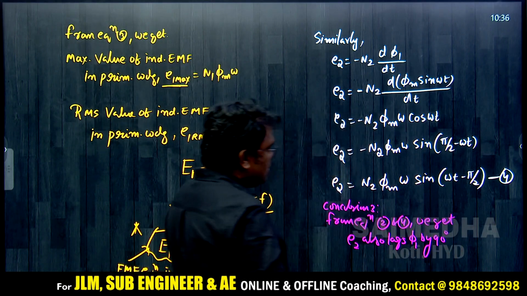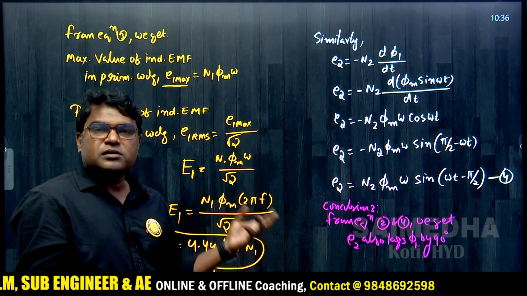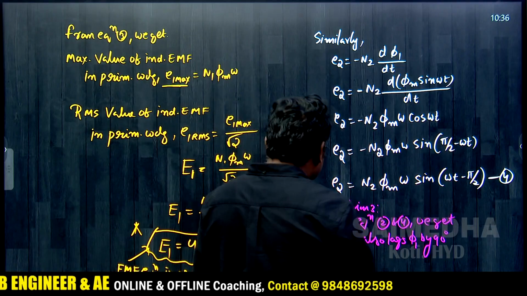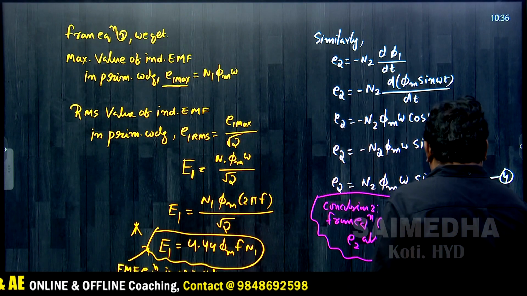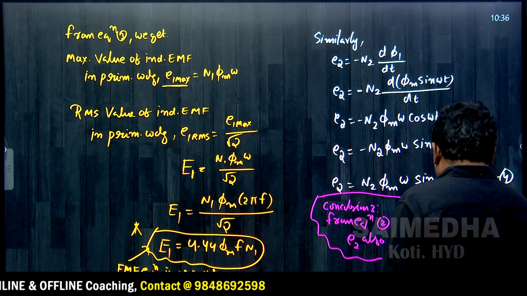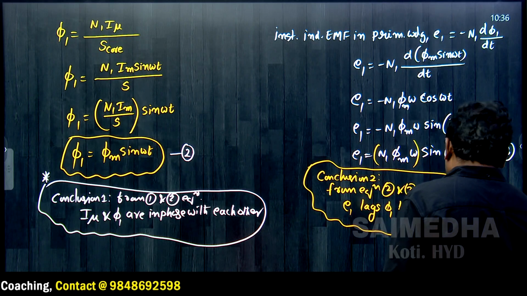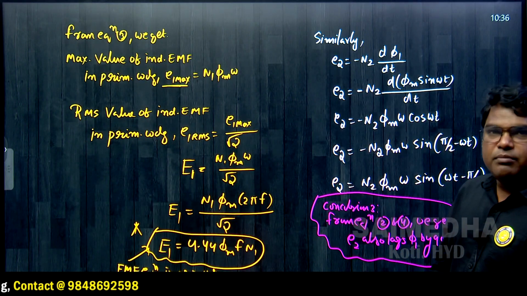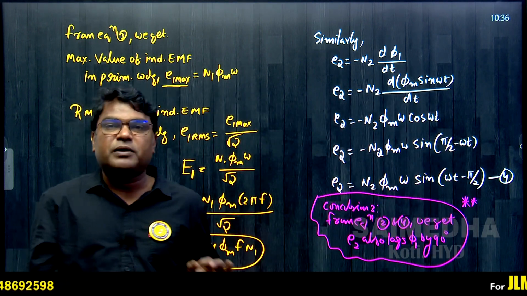Both are lagging. The primary induced EMF lags the flux by 90 degrees, and the secondary induced EMF also lags the flux by 90 degrees. Sometimes we get this as a question: both are lagging with respect to the flux.